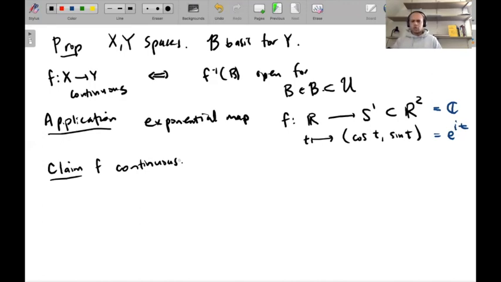One way you could argue this, if you put on your calculus or analysis hat, is that cosine and sine are continuous functions, and so this function has continuous coordinates and is a continuous function. But we should be wearing topology hats in this course. So let's give a topological argument that doesn't rely on needing to know anything about cosine and sine.